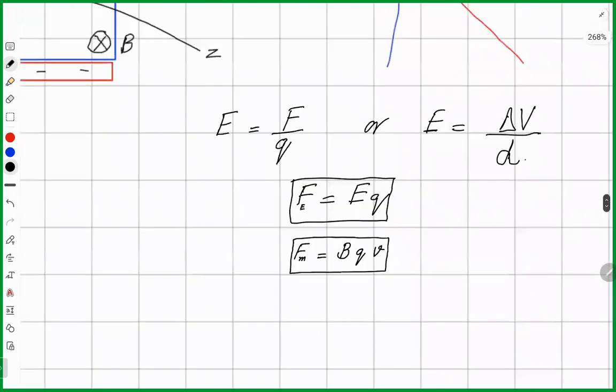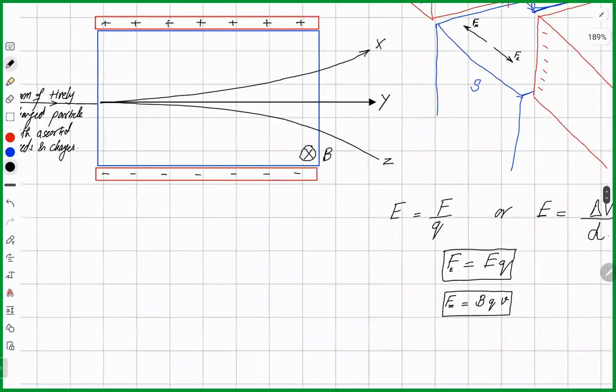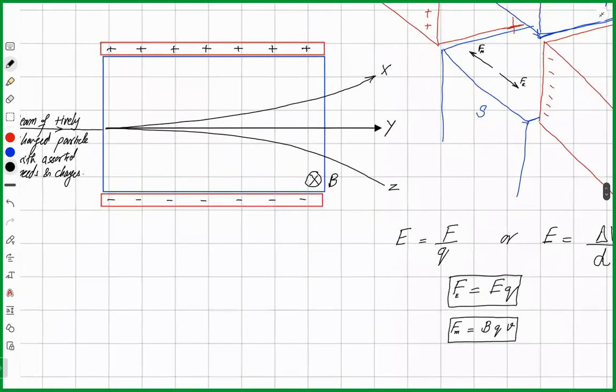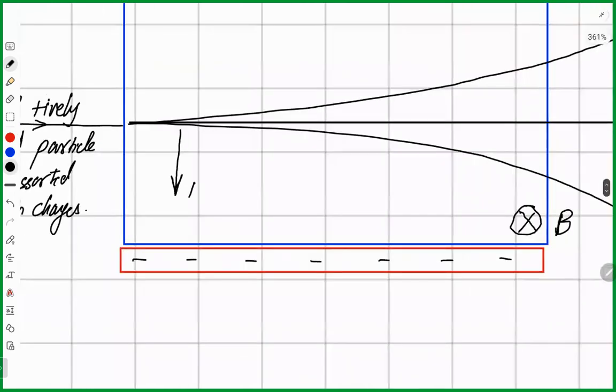Now, look, which particles will end up at X, Y, and Z? Before that, let's see, because they are positively charged particles, electric force will exert a force in the downward direction because the electric field is downward. So this is electric force. This will be magnetic force.